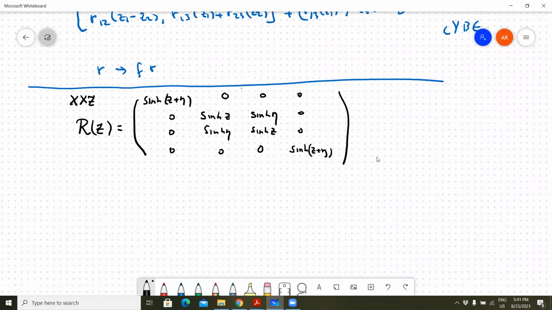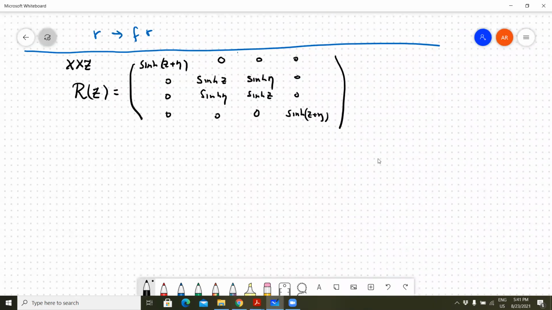So this R matrix is the quantum version of XXZ. Let me write the classical.